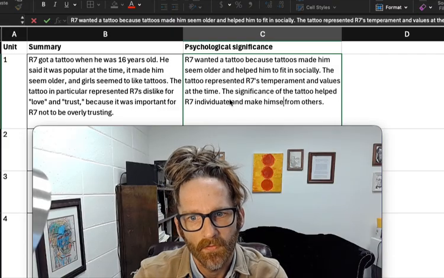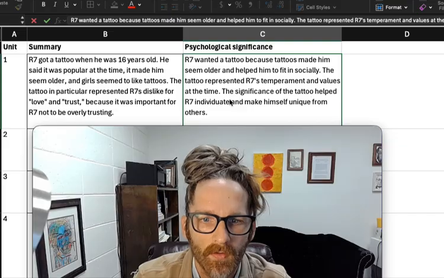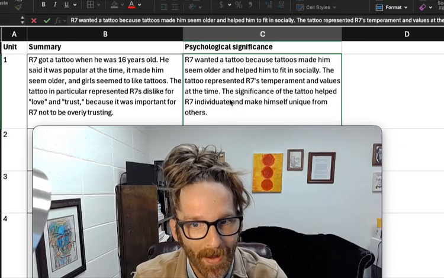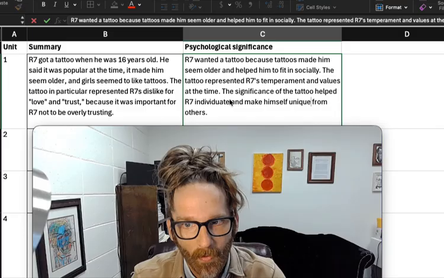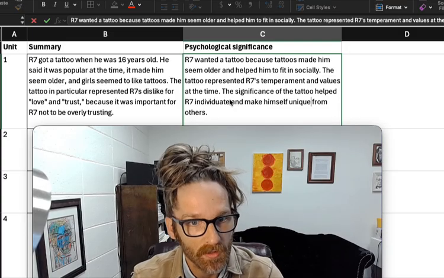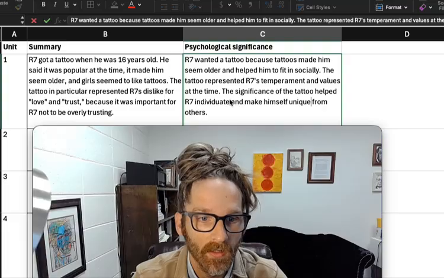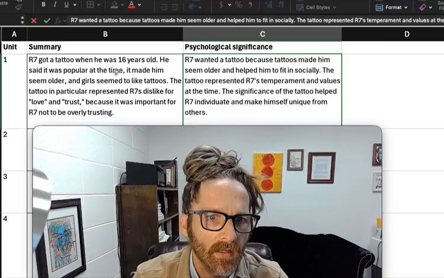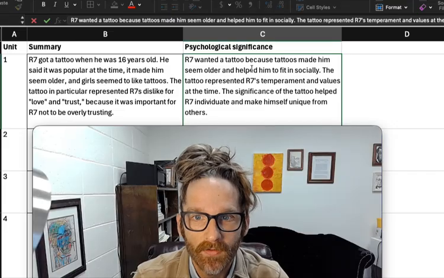Make himself unique from others, stand out. So all of that's kind of going on. I'm reading between the lines psychologically here. What does this mean to a 16-year-old or someone reflecting back on their decision to get a tattoo at 16? And yeah, so that's the first meaning unit.